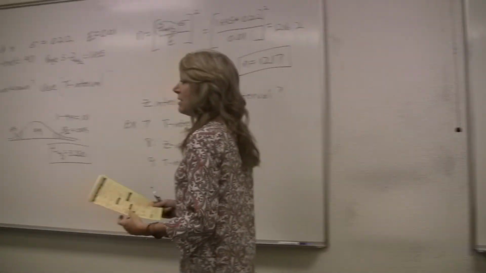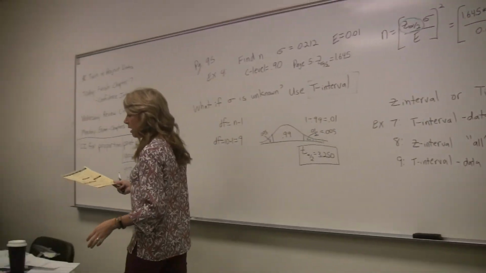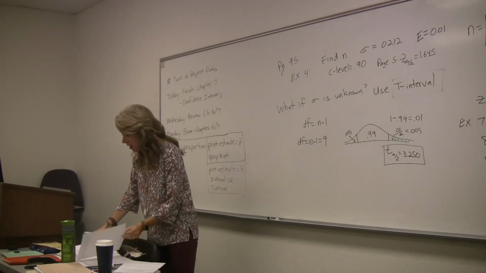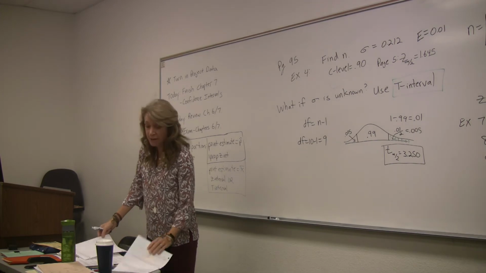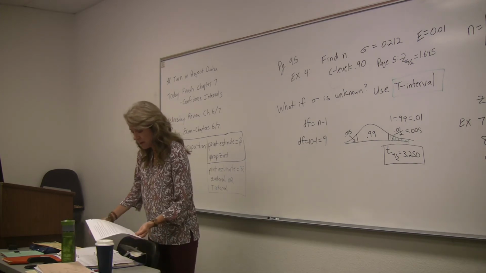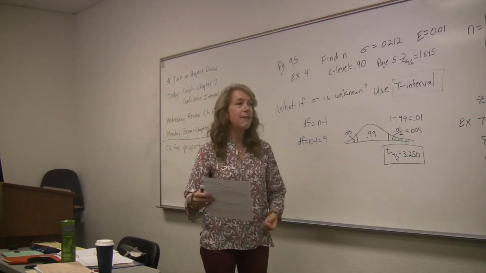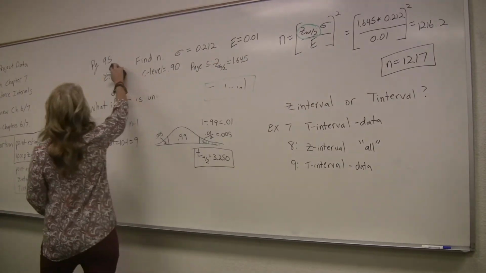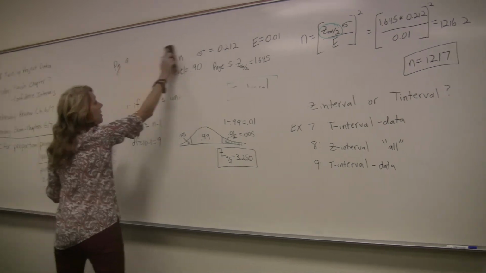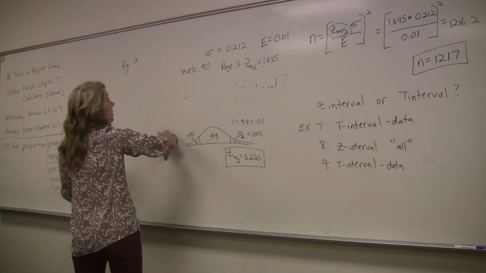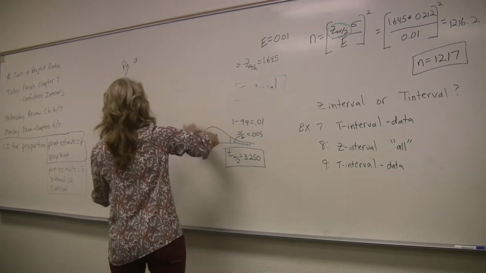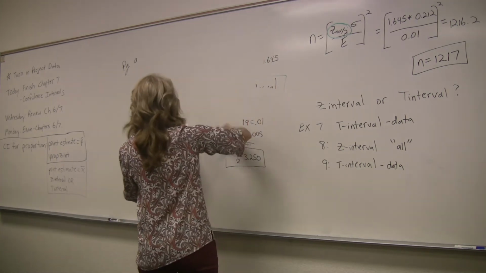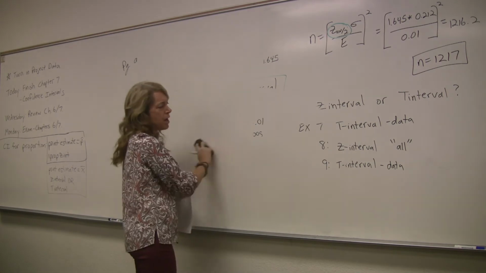Okay, speaking of sigmas, our last section in 7.3 is finding confidence intervals for standard deviations. I am on page 97. Before I do anything on 97, look at the very bottom in example 2.